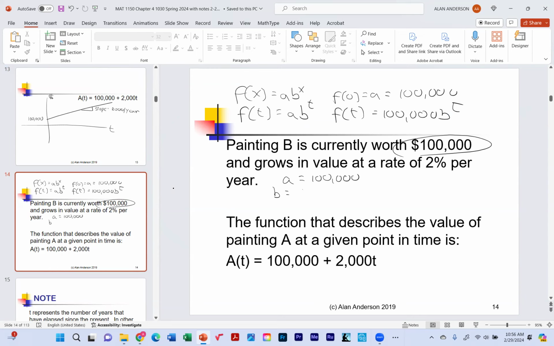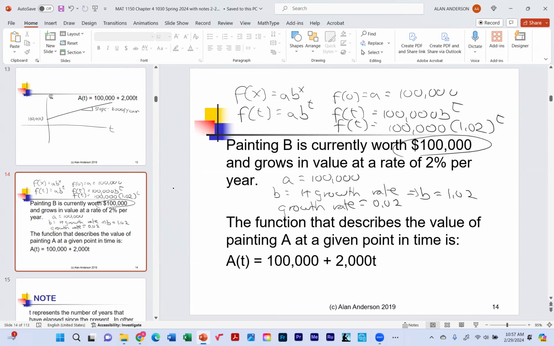Remember, b is 1 plus the growth rate, and the growth rate is 2%. So therefore, b is 1.02, and this ends up being f of t is 100,000 times 1.02 to the t power. So that's what that looks like.